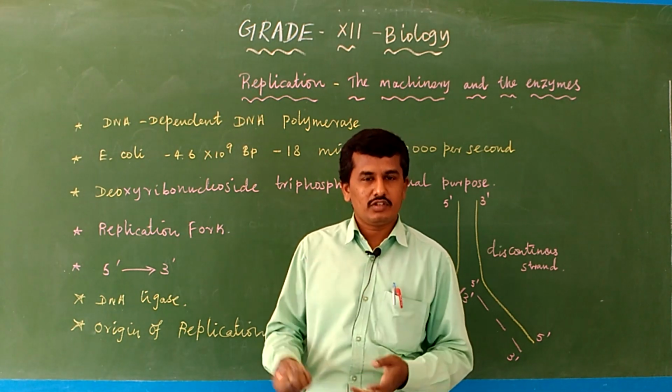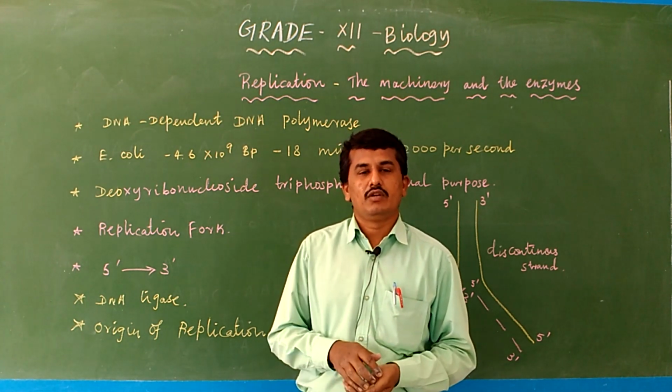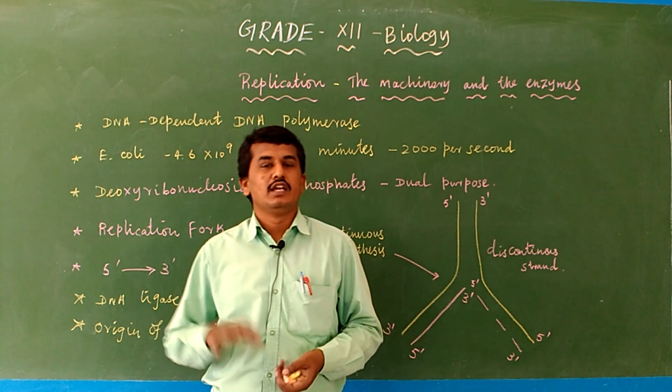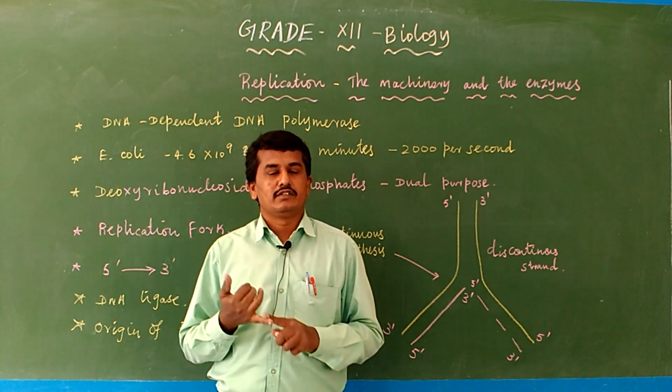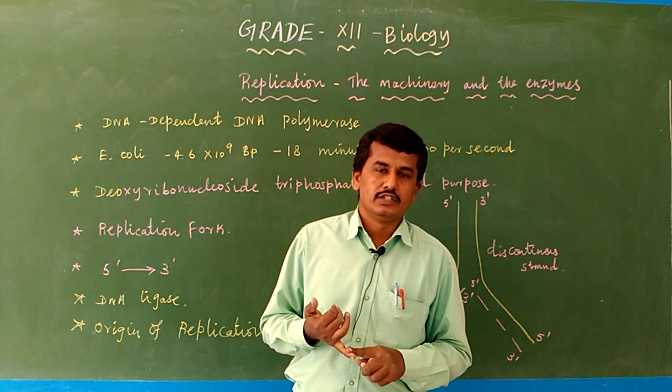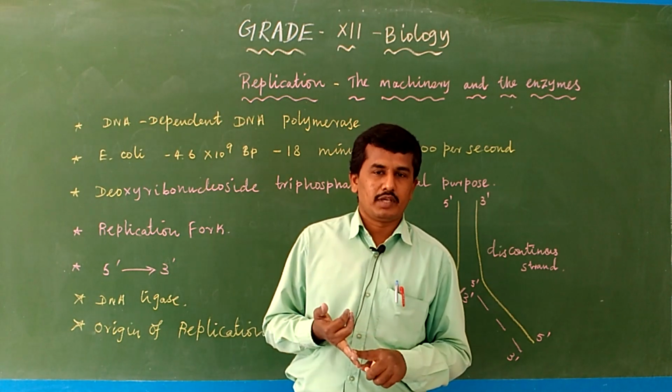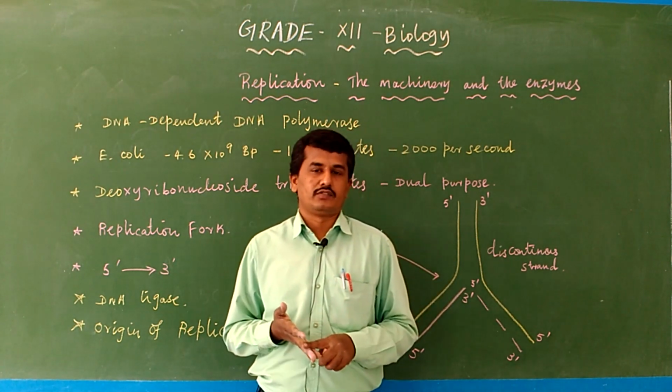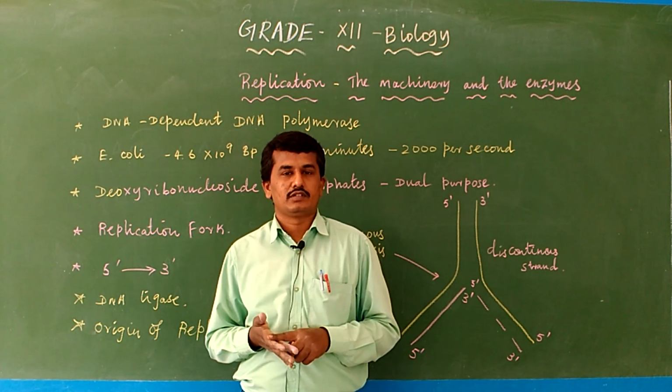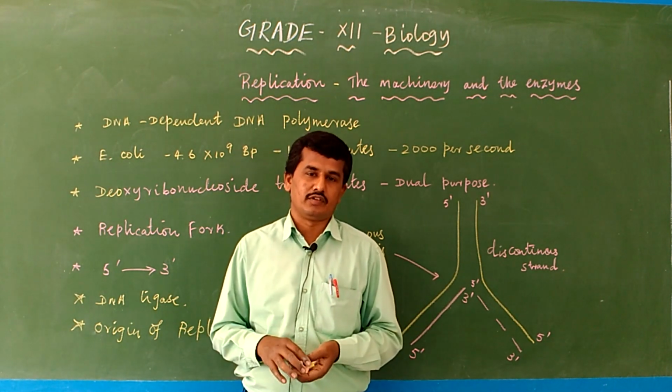So for synthesizing a new DNA, we know that in the 11th standard you studied the cell cycle. It contains various phases like G1, S phase, G2 phase and M phase, then G1 or maybe G0 phase.